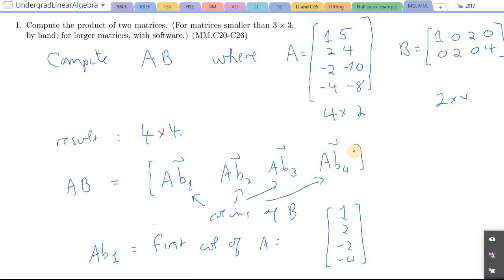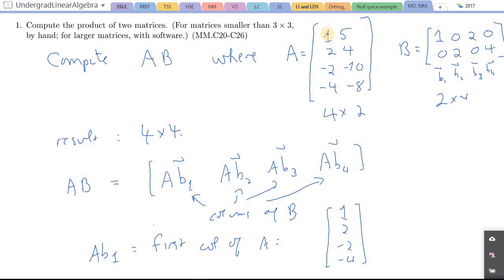Okay. What about AB2? Well, B2 is here, so this is B1, B2, B3, B4. What about B2? Well, when you multiply A by B2, what's going to happen is the 0 times the first entry, the first column of A, is always going to give me 0. Then here the 2 is going to pick up the second column, and I'm going to get 2 times the second column.